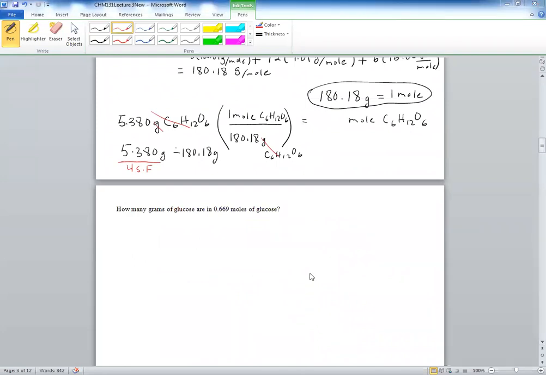So in this case, we have 5.380 divided by 180.18. And that gives us 0.029. Let me write down the number here. 0.029859.